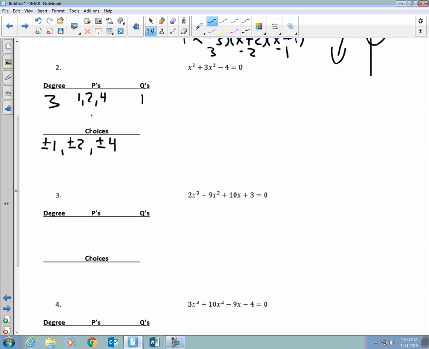What do you want to plug in? 1. What's 1 plus 3? 1 plus 3 is 4, minus 4. 0, great, 1 worked. If 1 worked, what's the factor? x minus 1 is the factor.